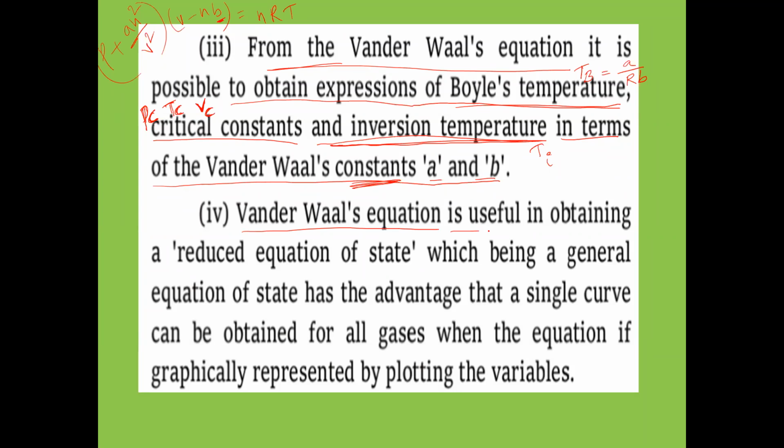Van der Waals equation is useful in obtaining a reduced equation of state, which, being a general equation of state, has the advantage that a single curve can be obtained for all gases when the equation is graphically represented by plotting the variables.